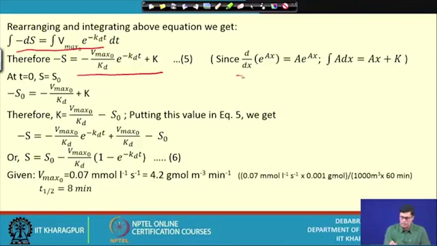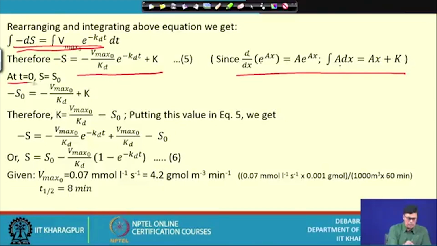And we know this kind of integration: d by dx of e to the power ax equals a e to the power ax, so the integral of e to the power ax into dx is e to the power ax by a plus k. If we apply the same thing here, this equation we can solve in this form.